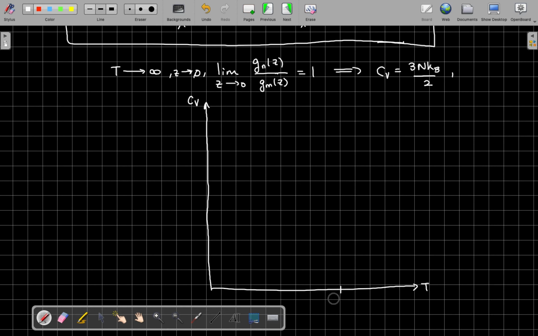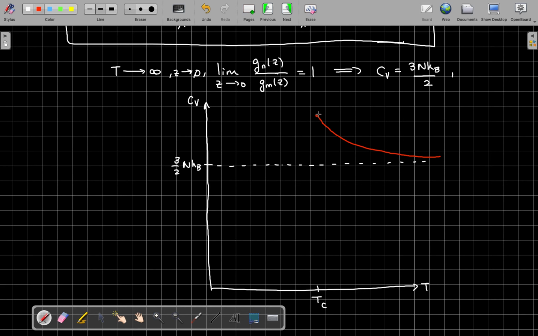Let's say the critical temperature is here. Now we know that we're going to have an asymptote at 3/2 N kB. So we know that as T goes to infinity, it's going to approach this value asymptotically. So it's going to do something like this.